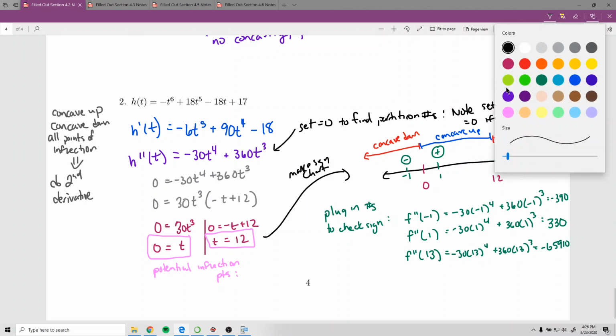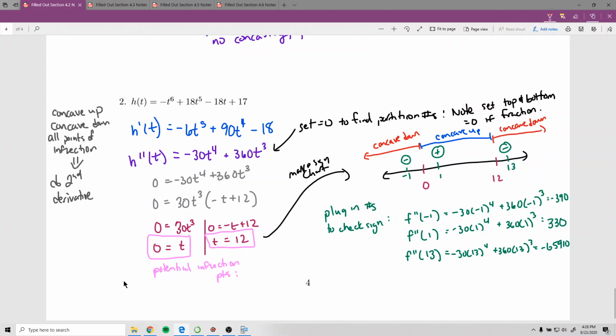So our answers for that part, concave down, we got negative infinity up to 0, and we've got 12 to infinity. For concave up, that's in between 0 and 12. And you notice that, once again, both of these are actually inflection points. These are both in the domain because this is a polynomial, so everything's in the domain.